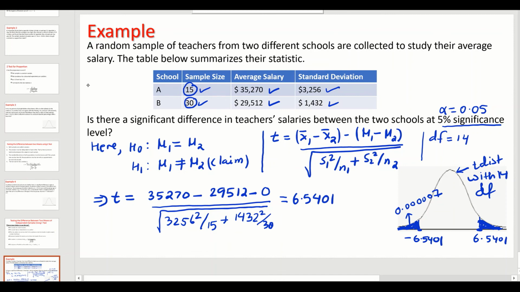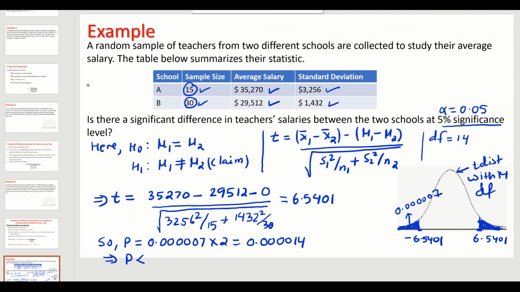And you have the equal area on the right. So the p-value is equal to 0.000007 times 2, which is equal to 0.000014.